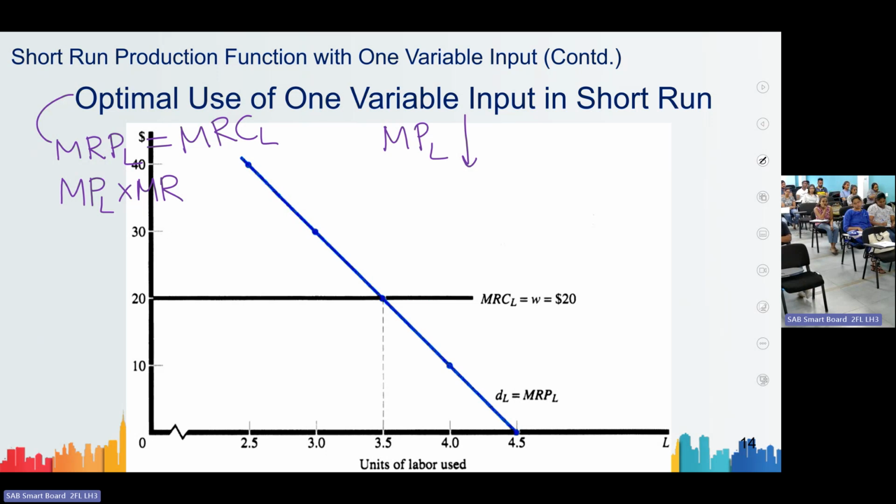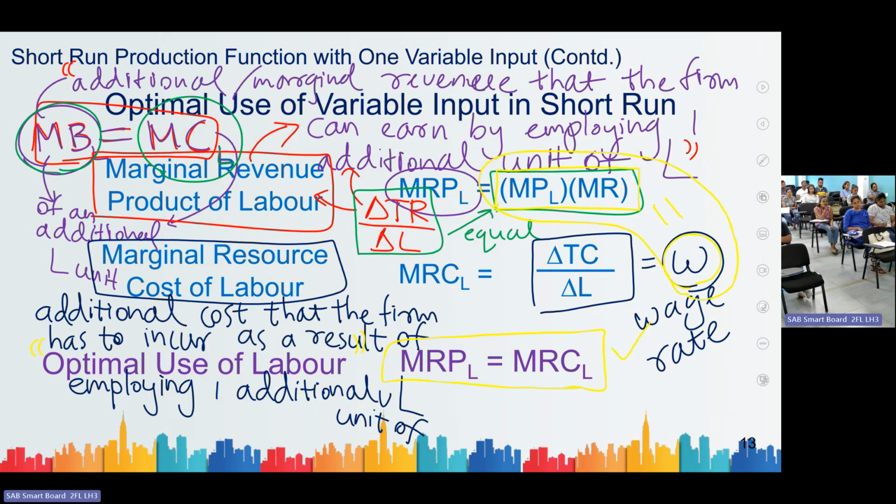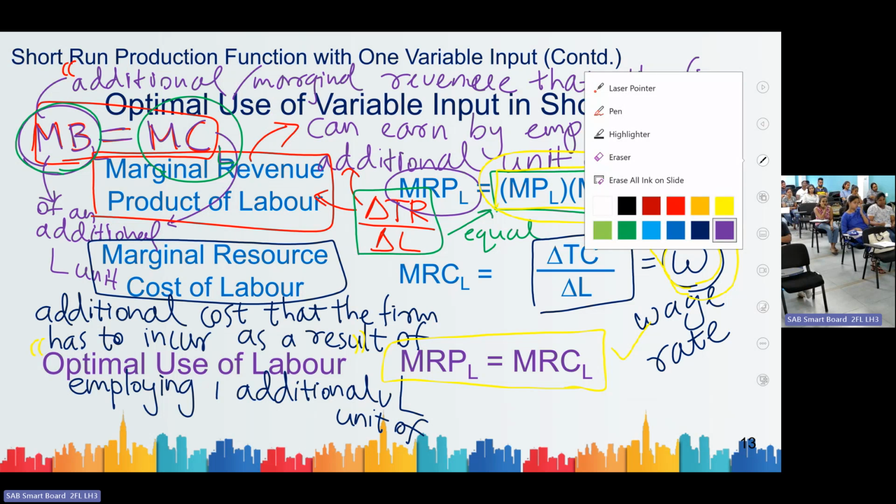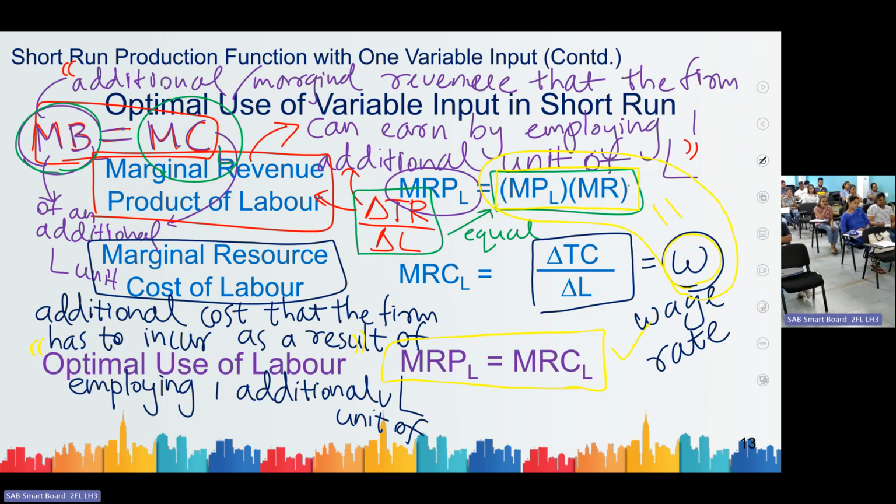Marginal revenue, I forgot to mention it before, is the price of output. Price of output is fixed, like the wage rate is also fixed.